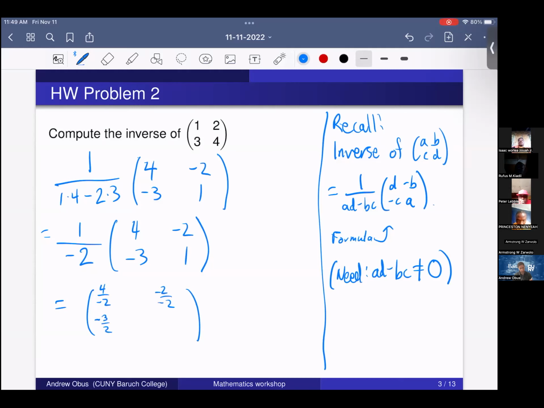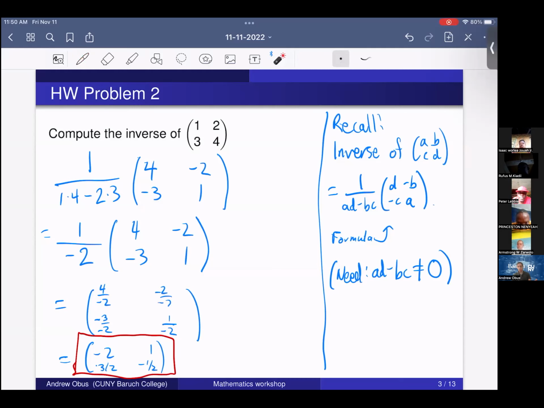Then the final answer will be -2, 1, 3/2, and -1/2. Sorry, I wrote this down wrong. Great. Perfect. Okay. So this is the final answer. We get -2 and then 1 and then 3/2 and then -1/2. So this is exactly the inverse matrix over here.